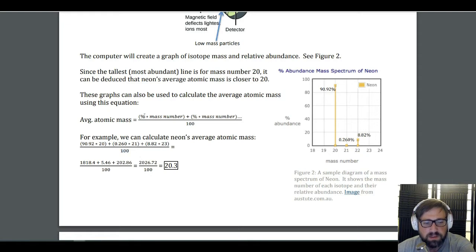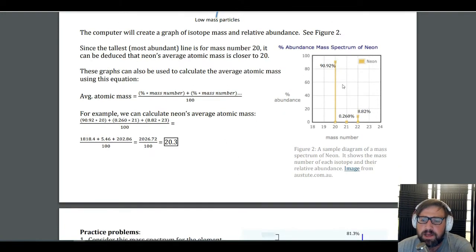My thought is just do the percentage and make it a decimal, like here, 0.9092 times 220, and then you don't have to worry about this extra step. But whatever, it's the math. It does the same thing. Do it now, do it later. It doesn't matter. And here is an example spectrum of neon.